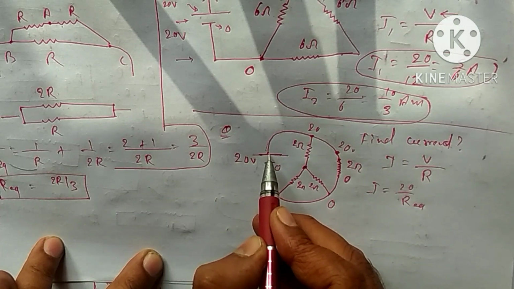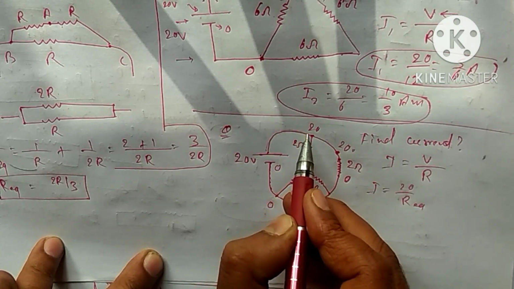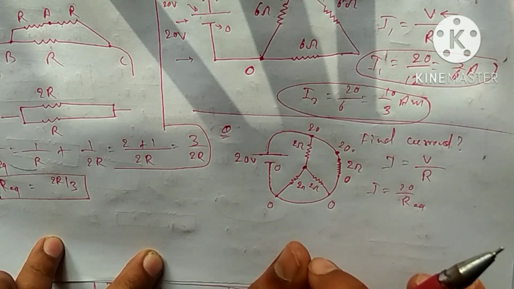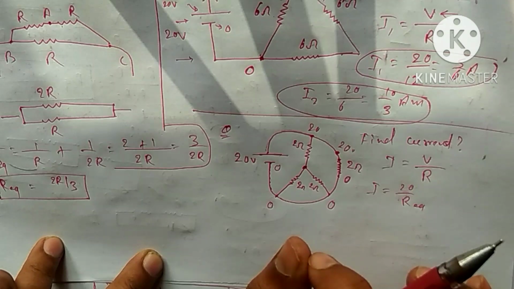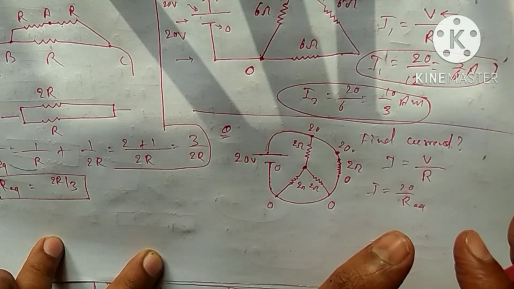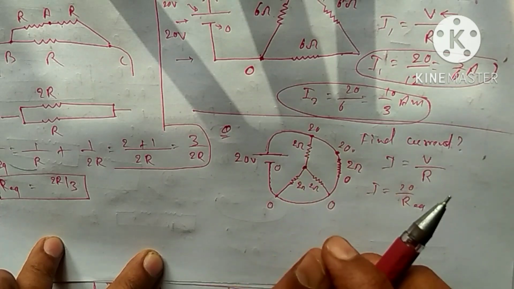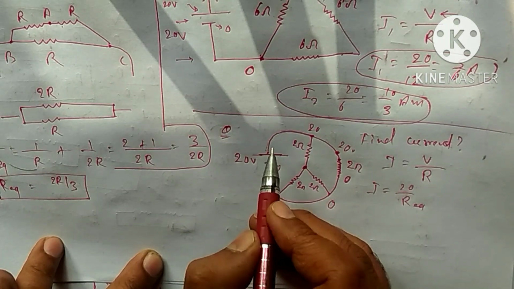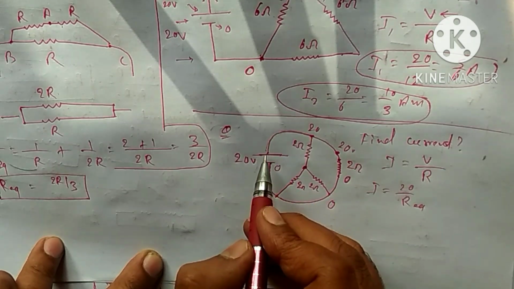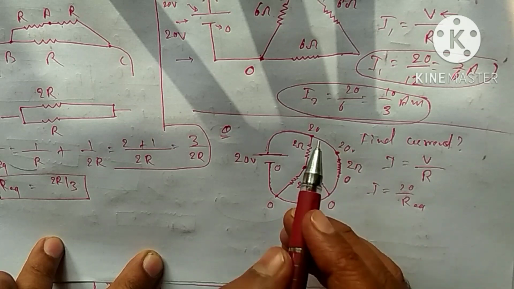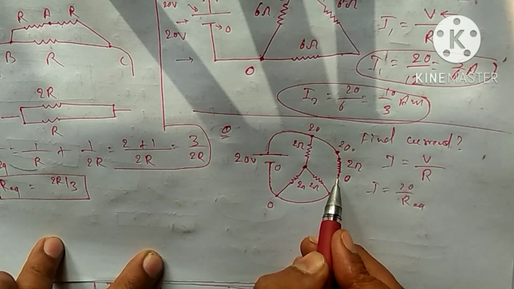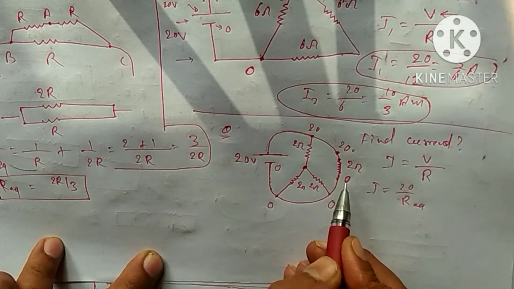Because this is the higher potential and in this path no resistance comes. So if any question like this comes in your exam, we only focus on whether you have no resistance in the path; then we can take the potential which it has. That's why we can take 20 and 20, and on this side 0, 0, 0.